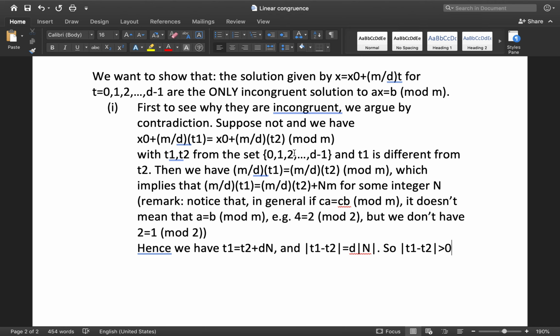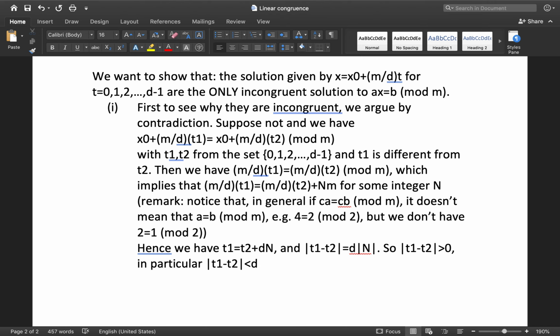For example, you draw a number line, and you locate T1 and T2 in between 0 and d, because they cannot be outside that range, right? So the difference T1 minus T2 must be strictly less than d. That is the consequence. In particular, the absolute value of T1 minus T2 must be strictly less than d.